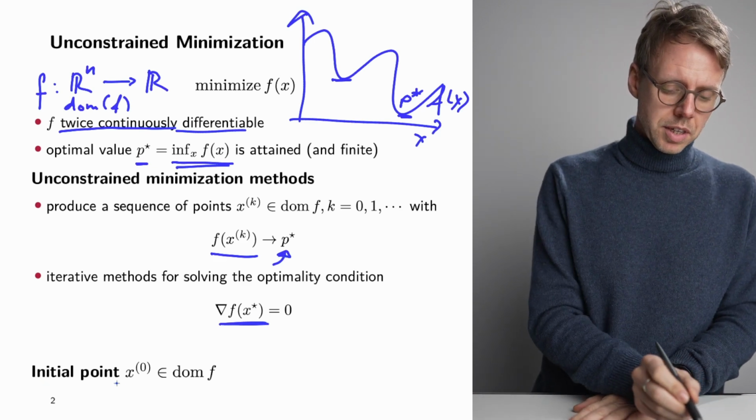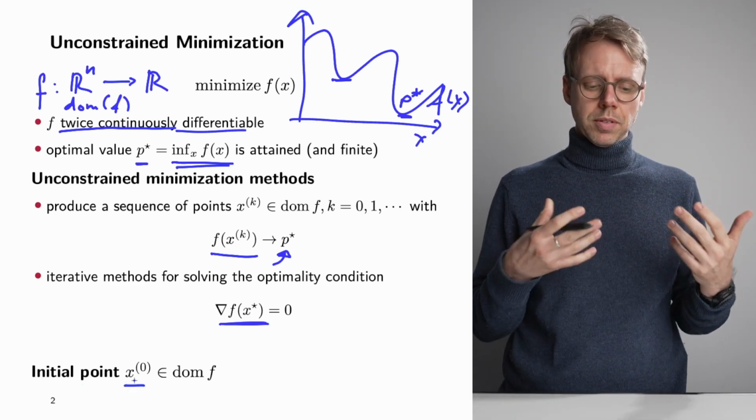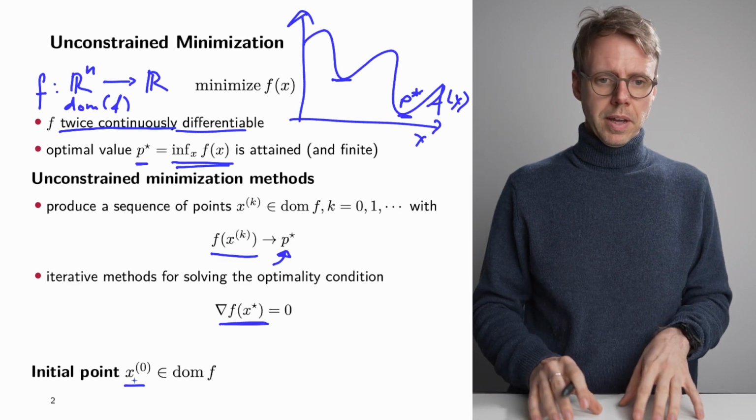They all start with an initial point that is called x0, could be randomly chosen, could be chosen in any other way.